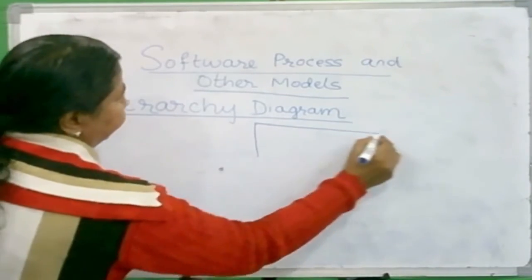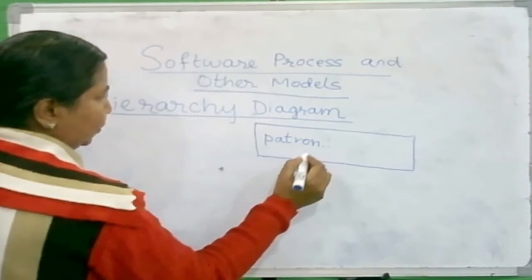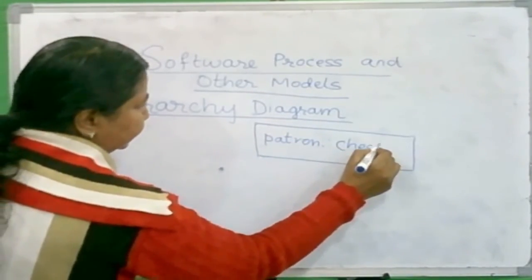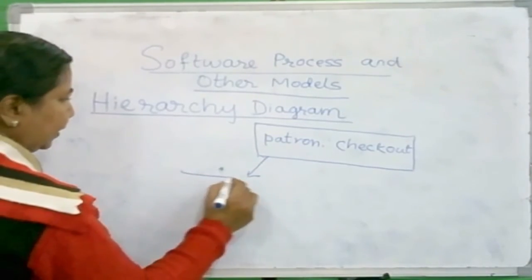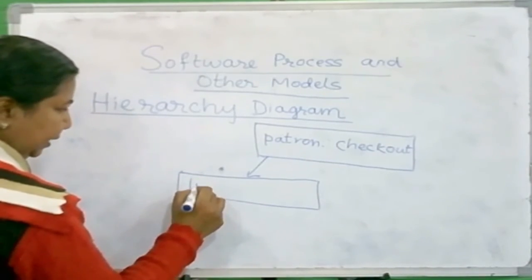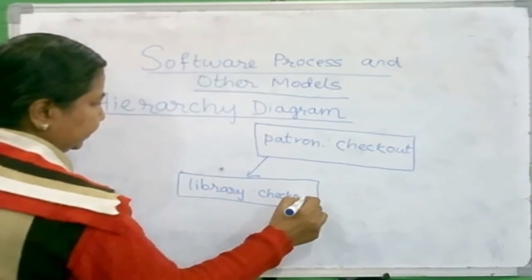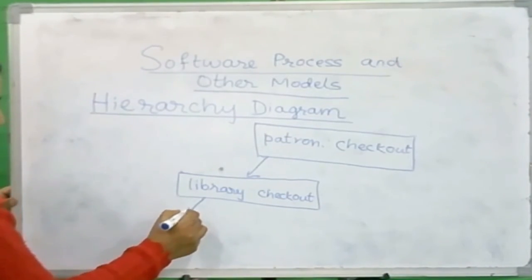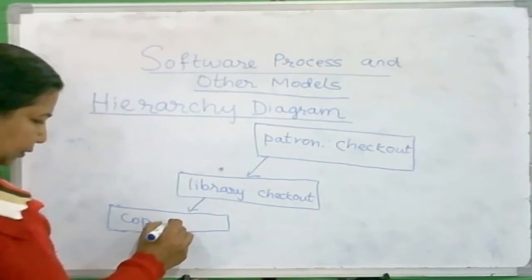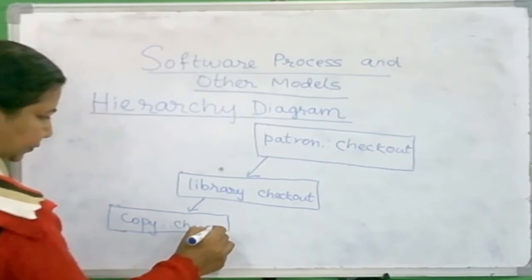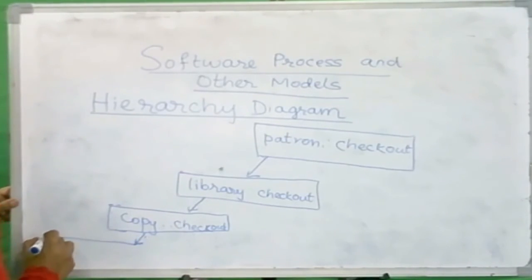Let us see an example. Suppose we have patron, scope resolution operator, checkout, library, checkout, copy, checkout, the last one is book.